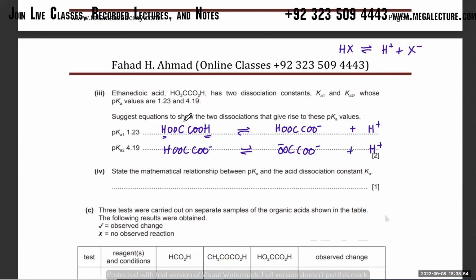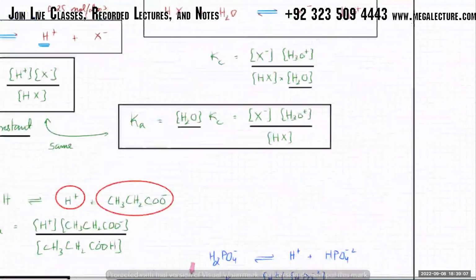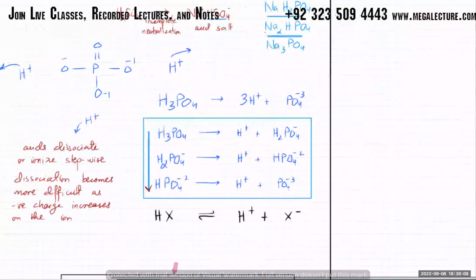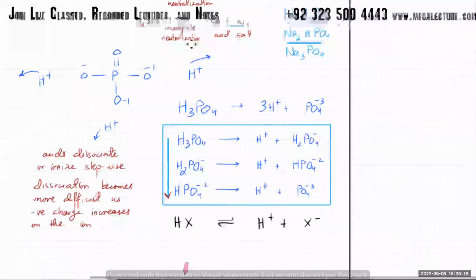So I told you that when you have a diprotic acid, both H+1 will not get released at the same time. I gave the phosphoric acid example. When you have phosphoric acid, I explained that don't think of phosphoric acid as one acid. It's not going to release the H+1 ions in one go.